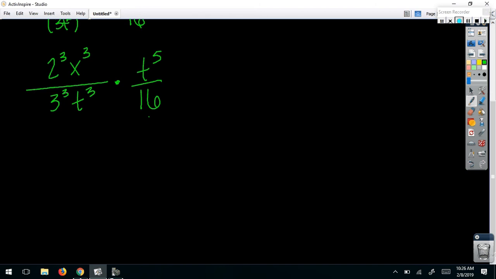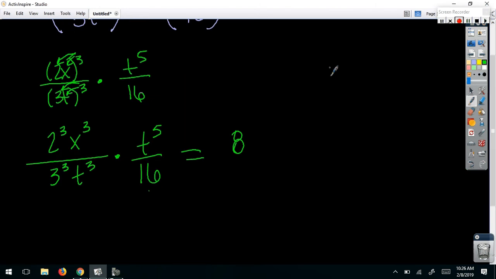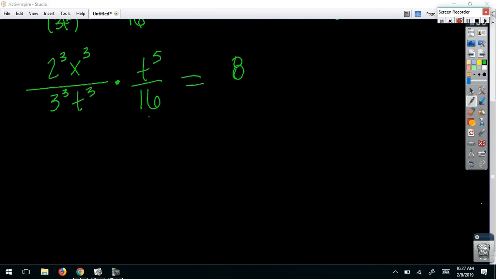How do you multiply fractions? All right, so let's just multiply them straight across. 2 to the third is 2 times 2 times 2, which is 8. I'm going to change this to 8. And then up top, I have x to the third, t to the 5th, right?